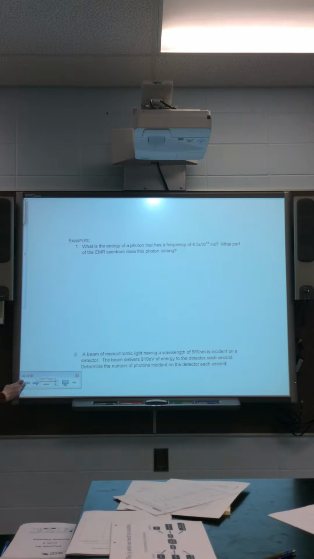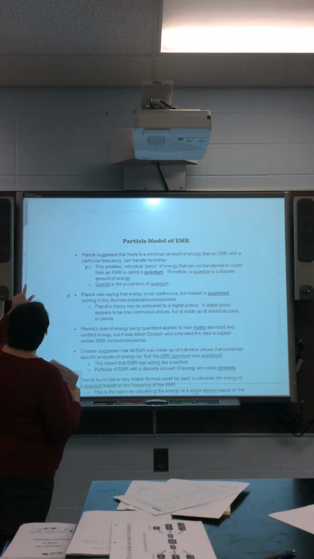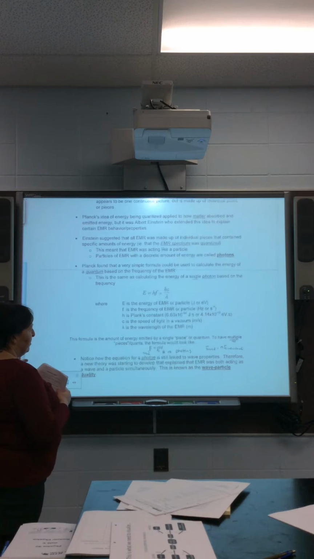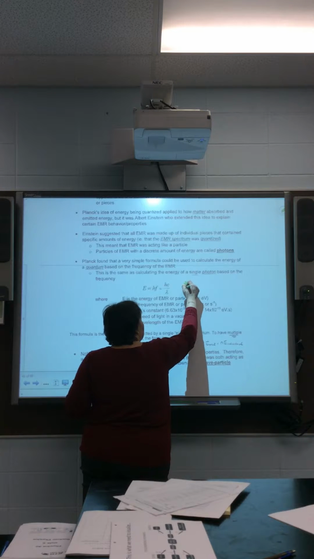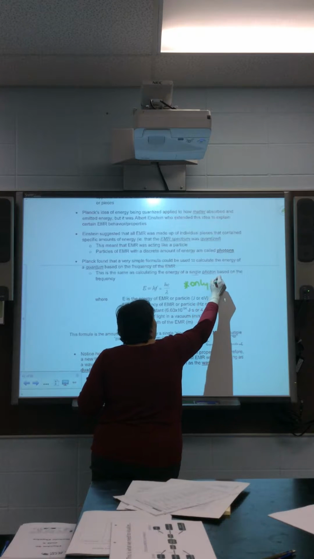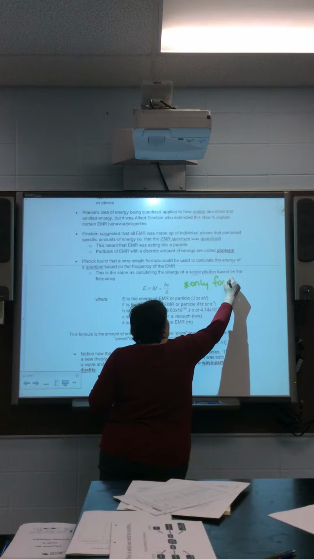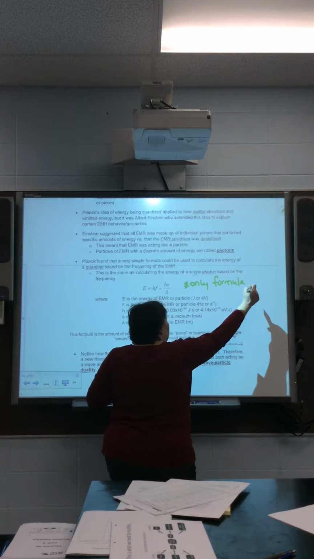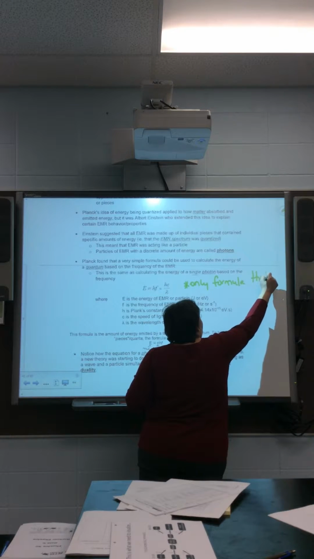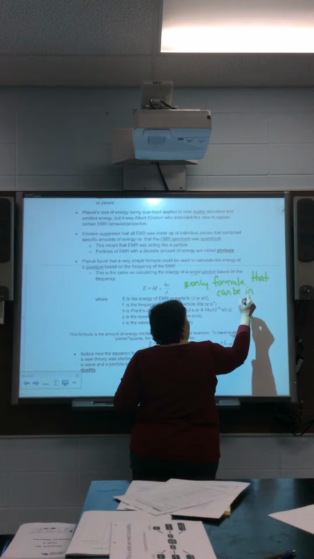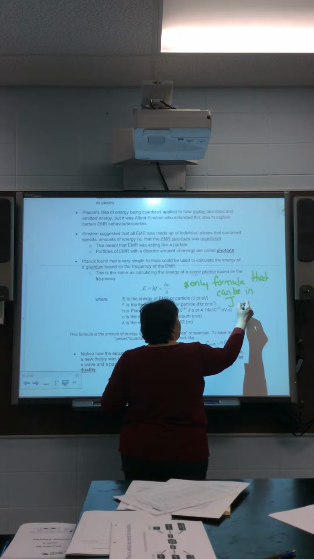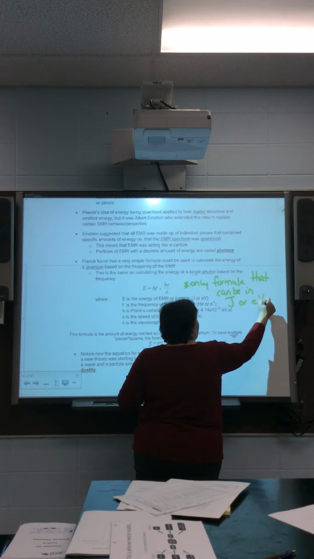One other thing to note here that's really, really important, and we'll use it quite a bit later on, is that this is the only formula where your answer can be in joules or electron volts.